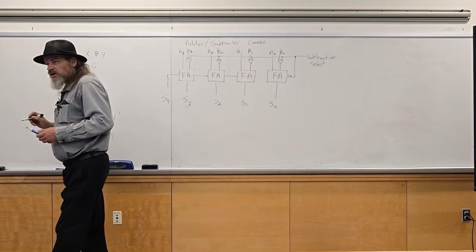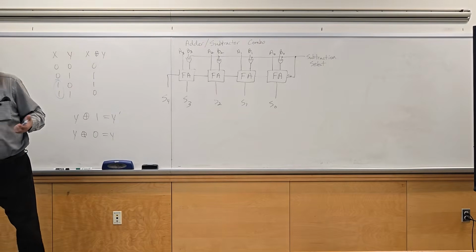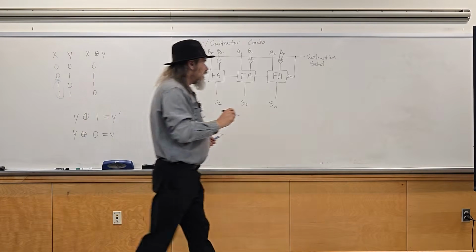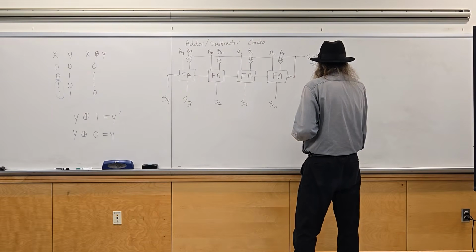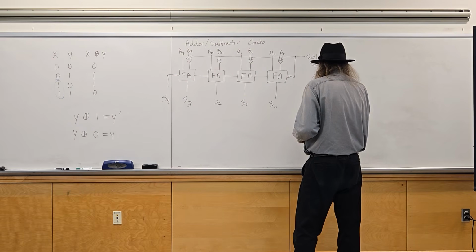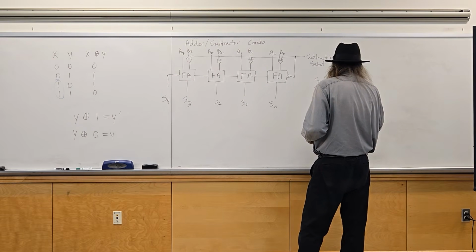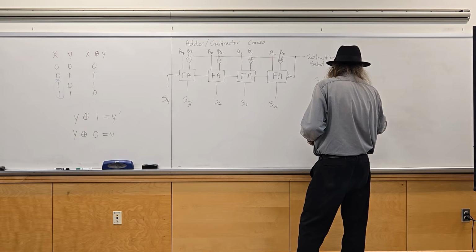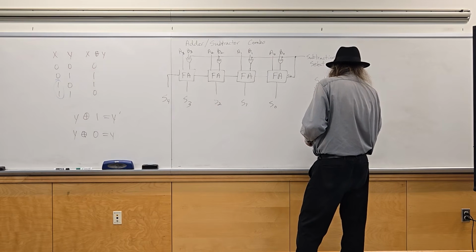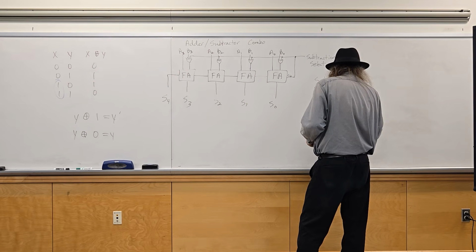Does that make sense? It does both. If sub select is 0, it's addition. If sub select is 1, it's subtraction.